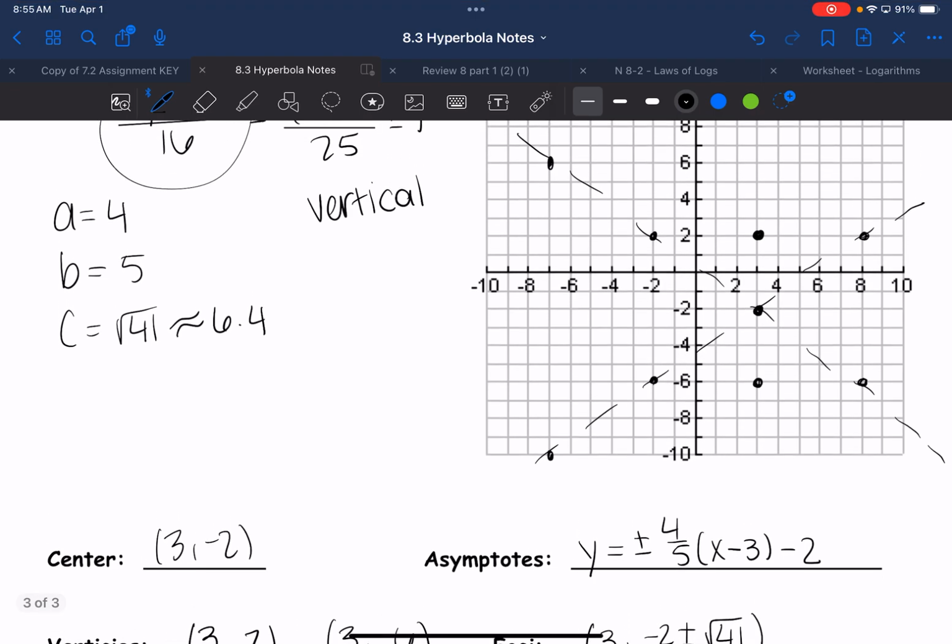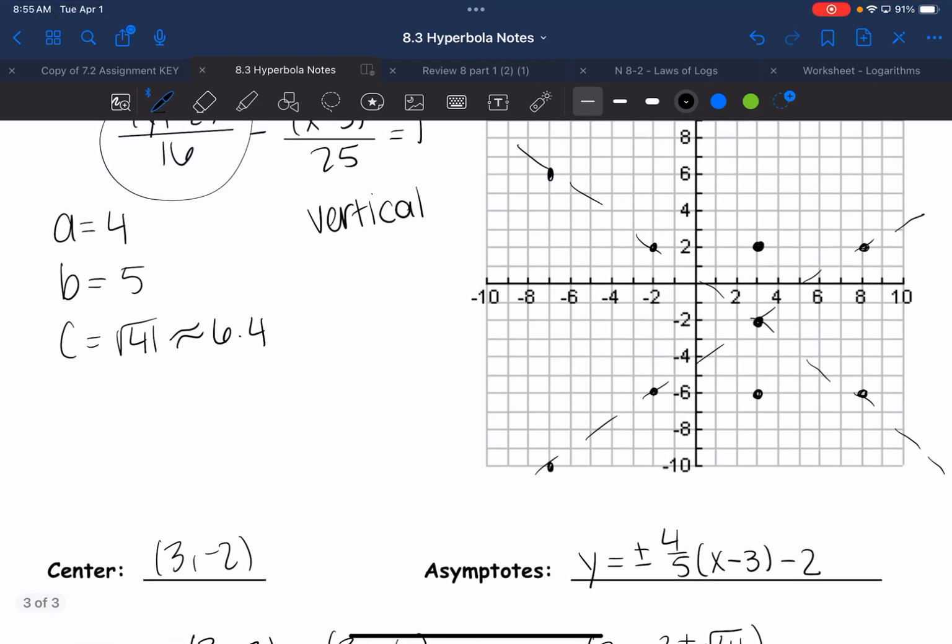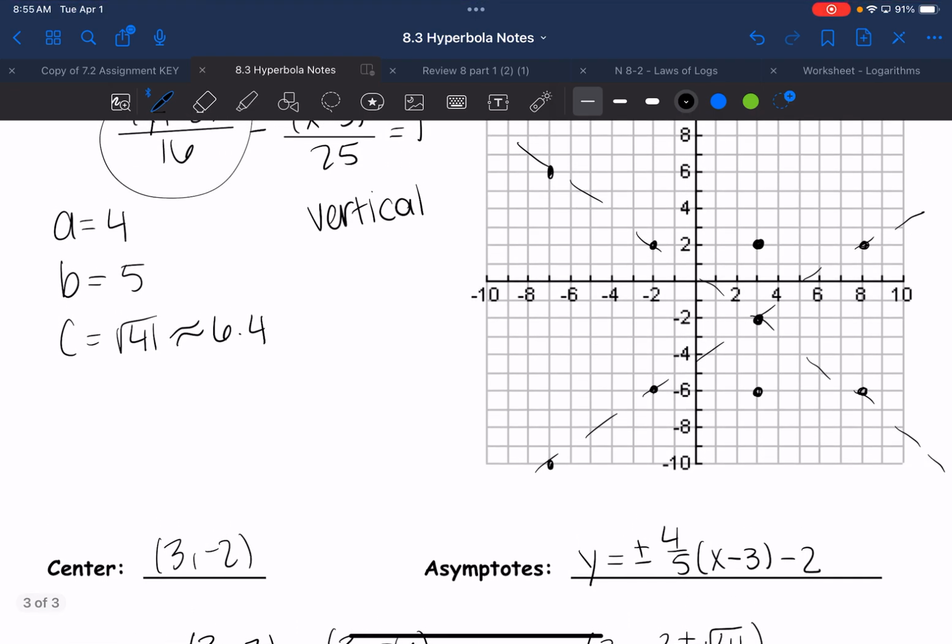Okay, so we'd have something at around 4 something, so somewhere in here, and then also down here at like a little past -8. So this one would look something like this, and this one would look something like this.